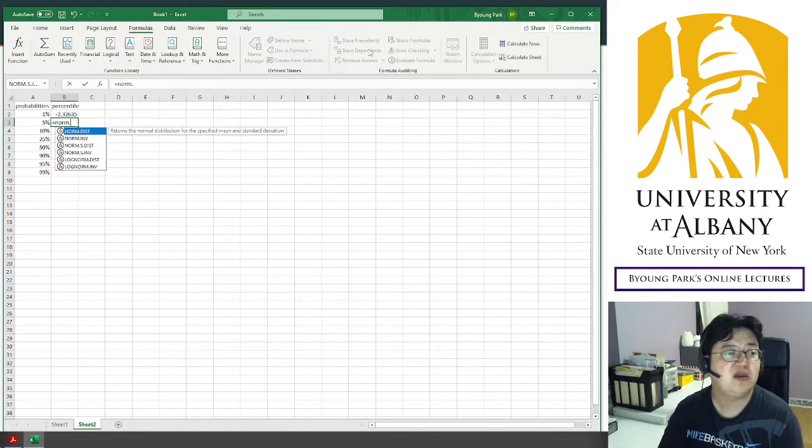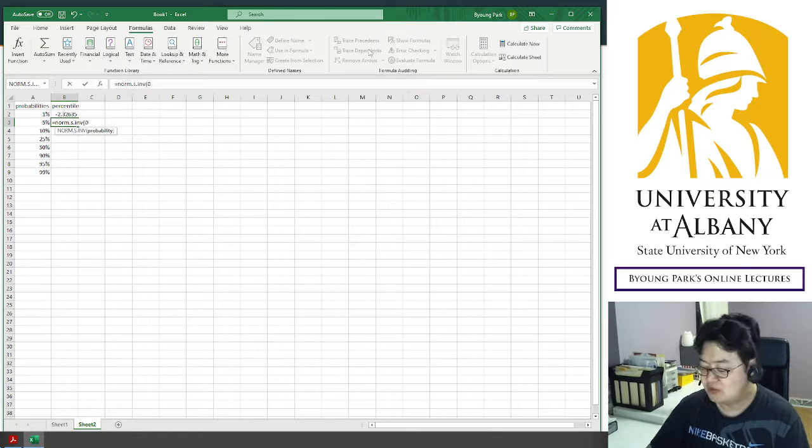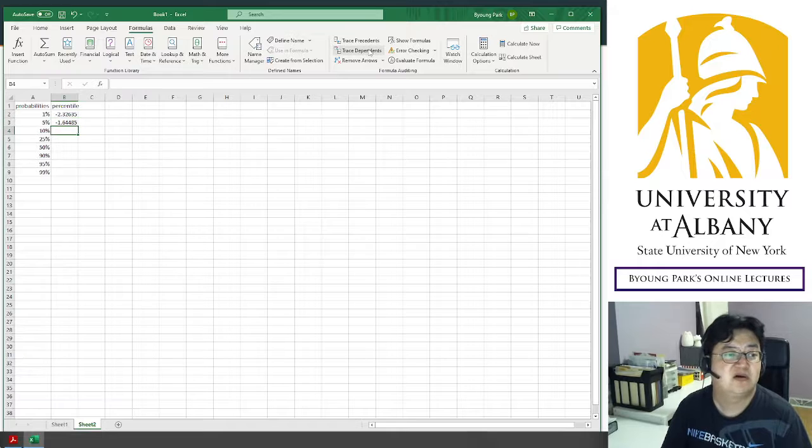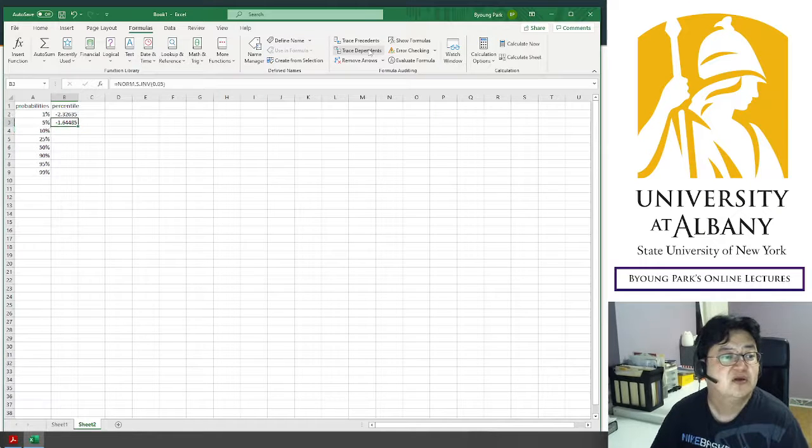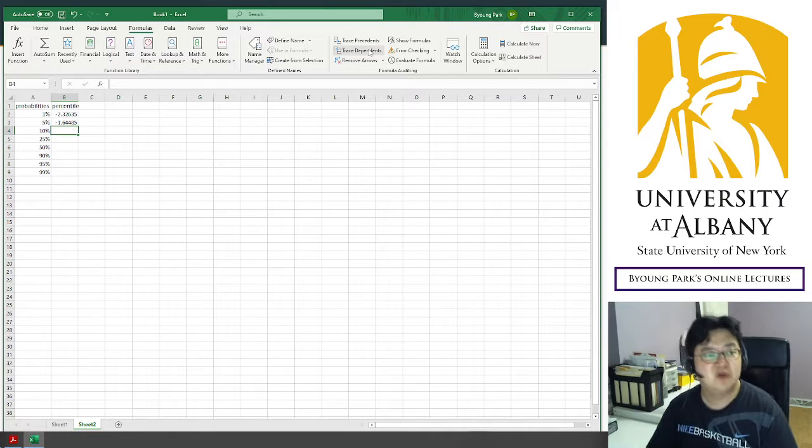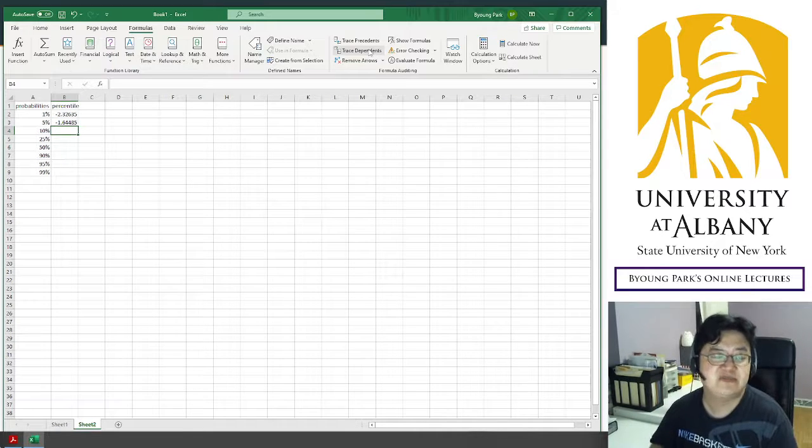Similarly, you may use the formula directly by typing it. So the 5 percentile is minus 1.64485. So the probability of being smaller than minus 1.64 is 5%.